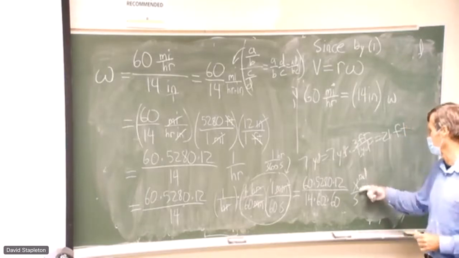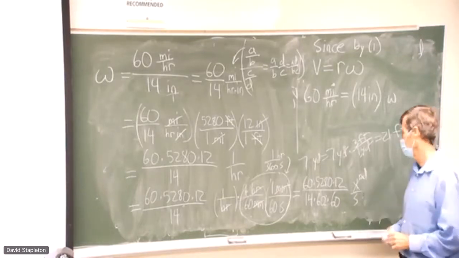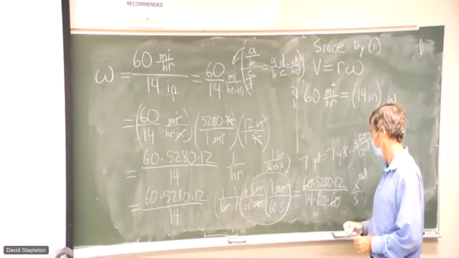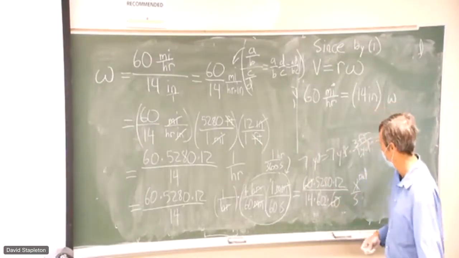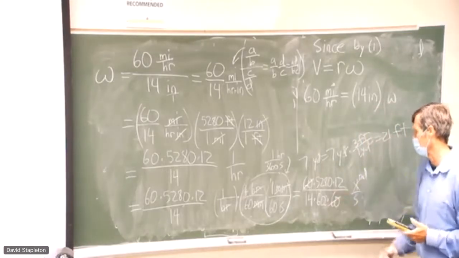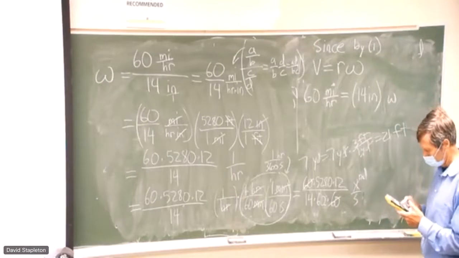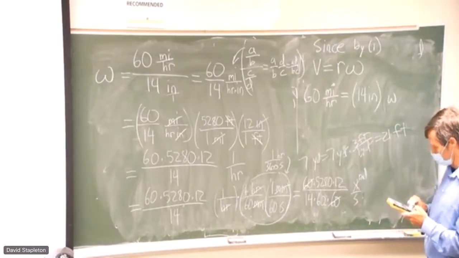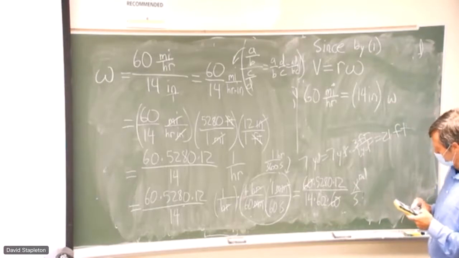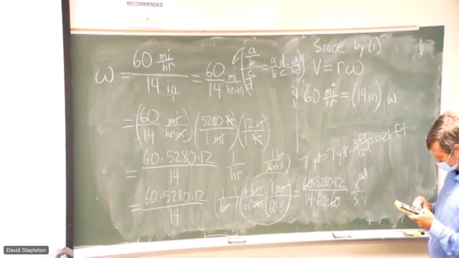All right, so now I have what I want, radians per second, and nicely something canceled, the 60 miles per hour and 60 down here. And so I can multiply those and let's see what I get. You can also take 12 divided by 60 is 1 over 5, but sometimes that doesn't help any. So 5,280 times 12 by 14 divided by 60.